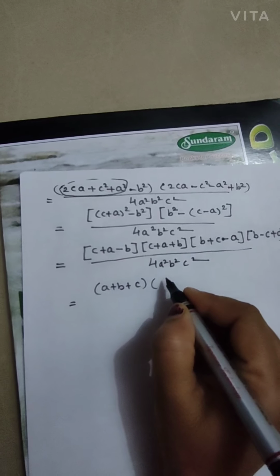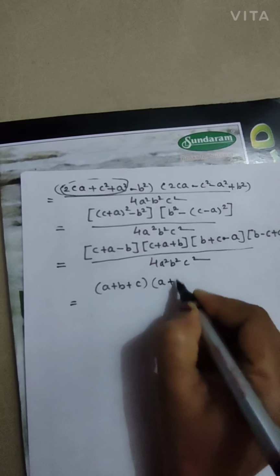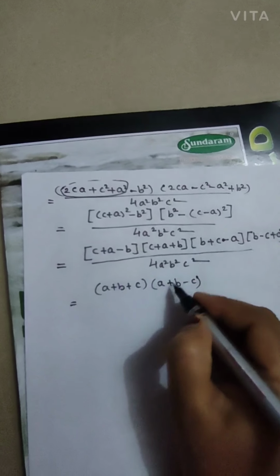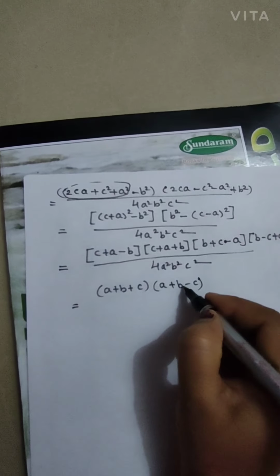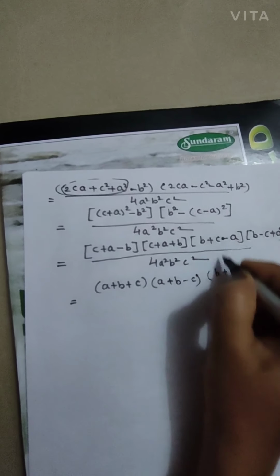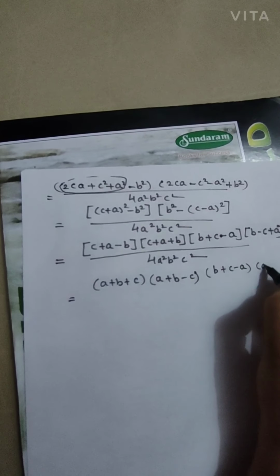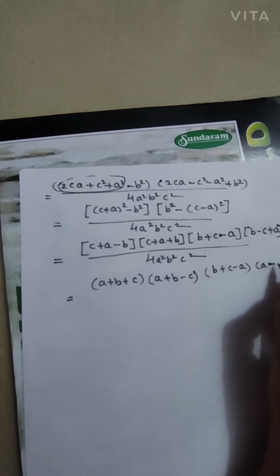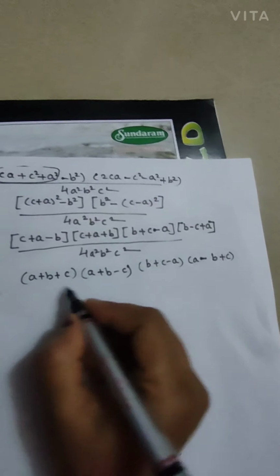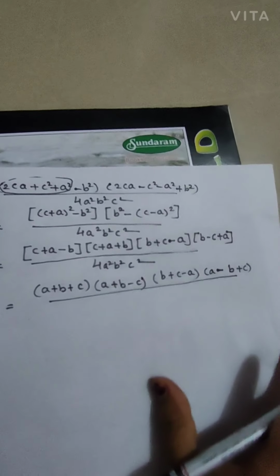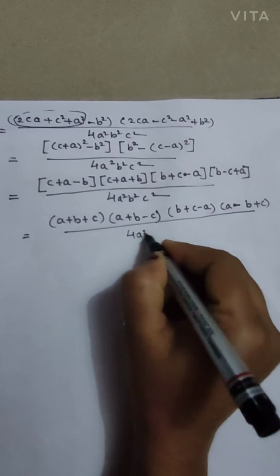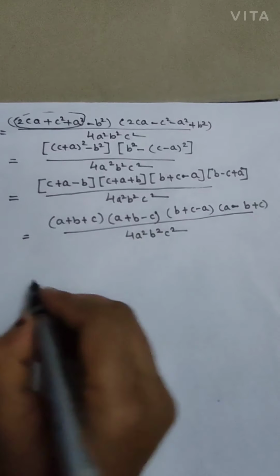Then you have to take your a plus b minus c, fourth term, then b plus c minus a, third one, and a minus b plus c, this one is your fourth term, over 4a square b square c square.